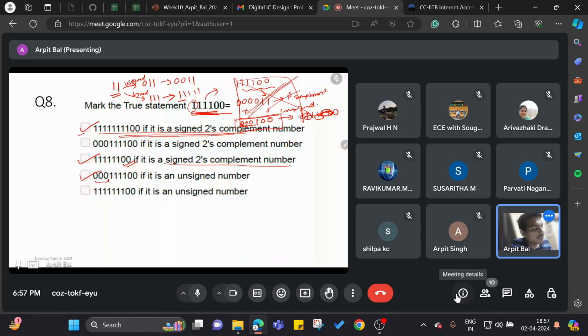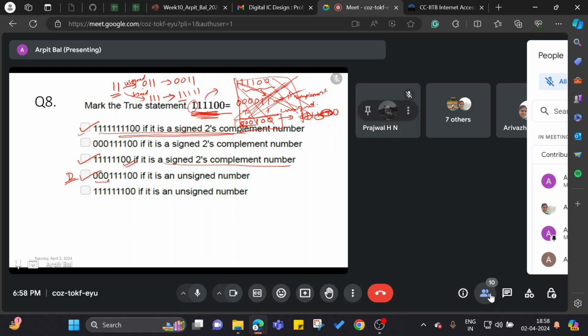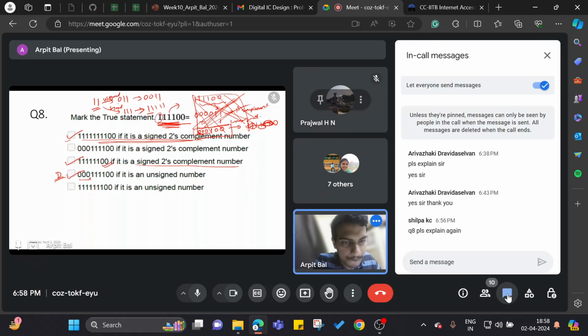But if I treat this number as an unsigned number, then I need to append 0 before it. That is what has happened in case D. You don't need to do whatever extra thing we did, because I thought they wanted to convert to 2's complement. So, is that clear? Shilpa.